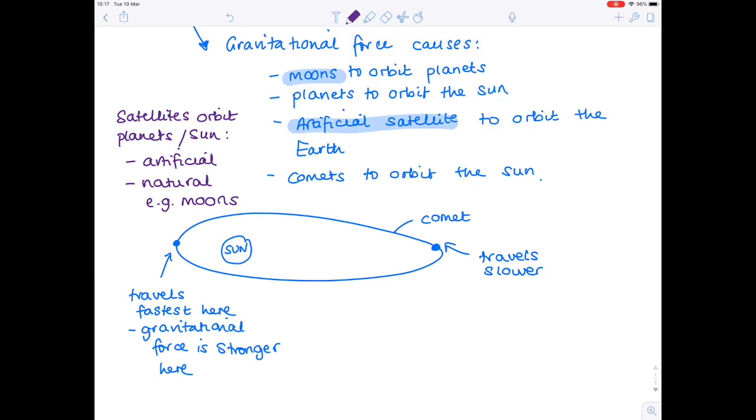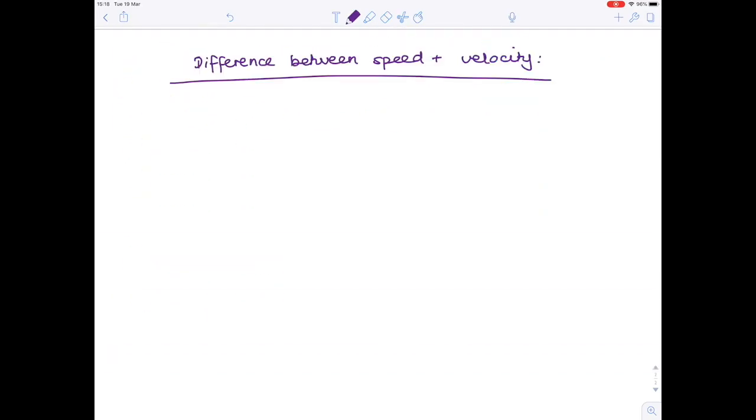The next thing we need to look at is quite a complicated part of the specification, which is why does a satellite's velocity change even though it travels at a constant speed? And that kind of sounds like you're arguing with yourself, but you do need to know the difference between speed and velocity here, even though they sound like the same thing. The real difference is whether they're scalar or vector quantities.